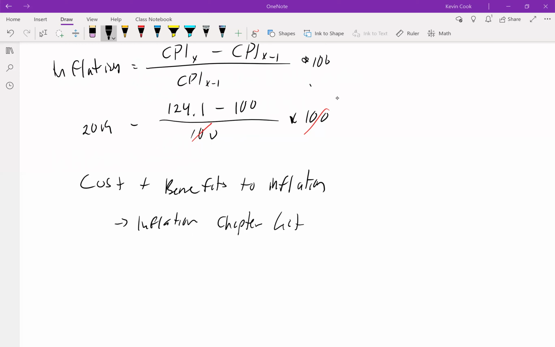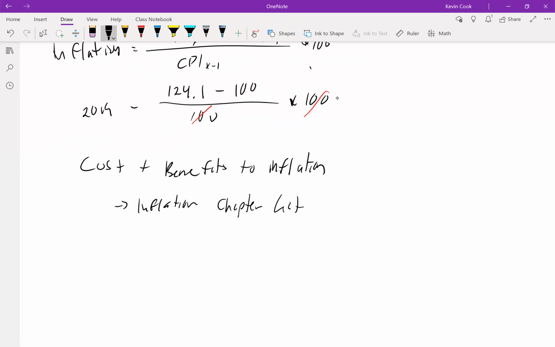I'll let you know after we're done with AD-AS which slide that's on, meaning I'll go back and look at it for you. So the last little bit that we have is aggregate demand and aggregate supply.